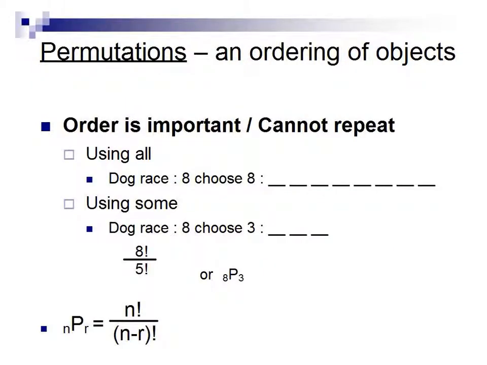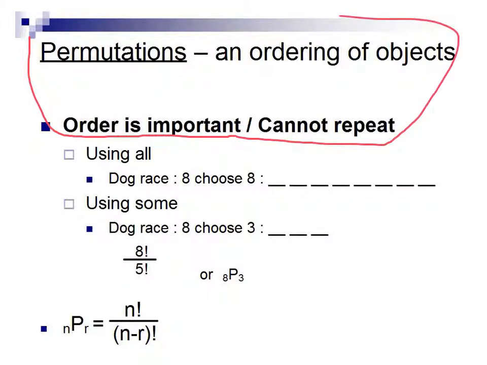Let's move on. Next one is permutations. On permutations, the order is still important, but you're not allowed to do repeating. An example might be a dog race. If you're at the dog track picking who's going to get first, second, and third, and you're looking at how many different ways this race could end, you'd have 8 options for the first dog.